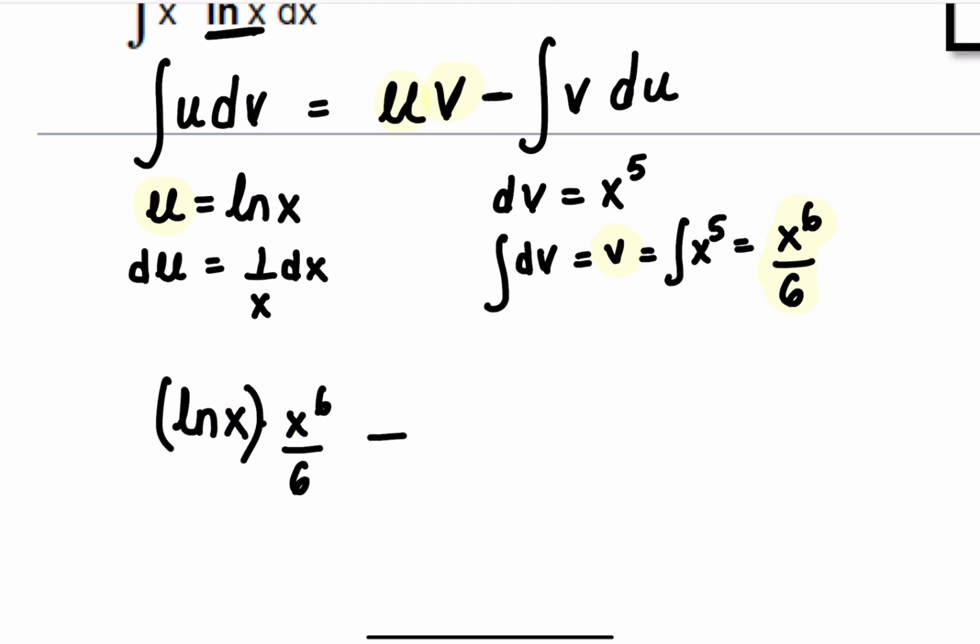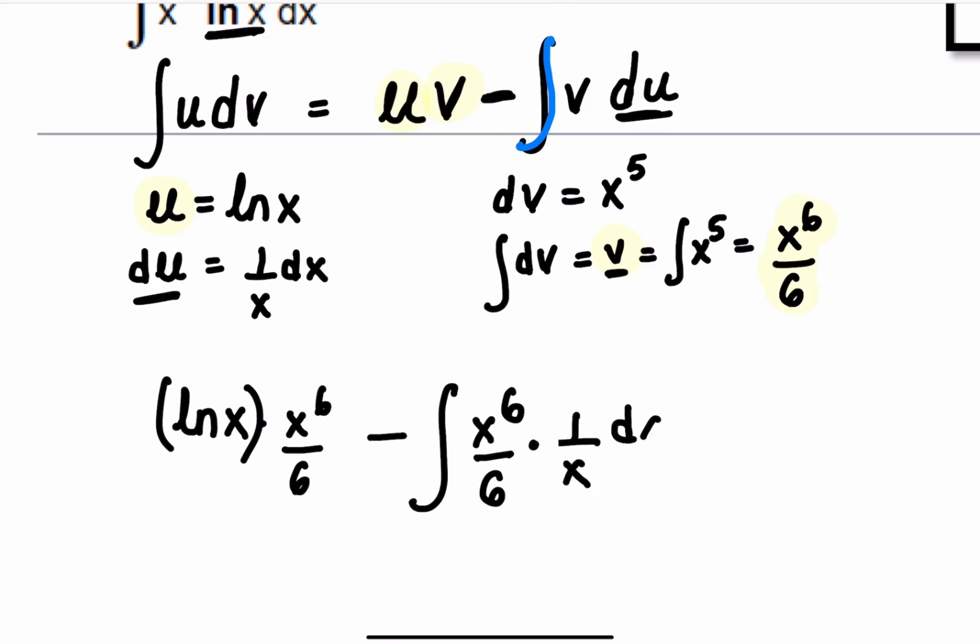Minus, I'm writing down the minus. Integral, I'm writing down this integral here. V, what is my v? My v is x power 6 over 6 times du. What's my du? My du is 1 over x dx.